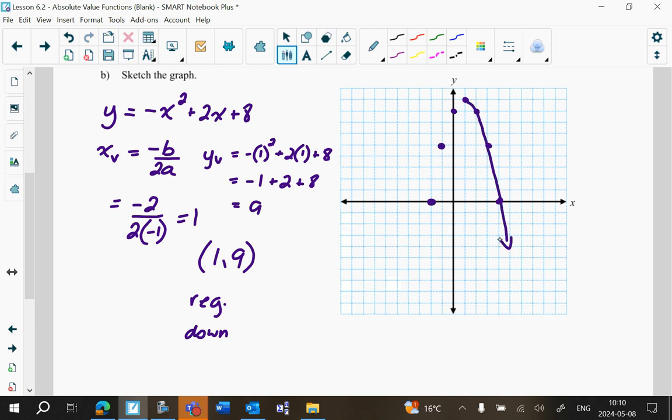So remember, this is the one without the absolute value bars. Negative x squared plus 2x plus 8. When we do the absolute value, everything below flips above, everything above stays where it is.